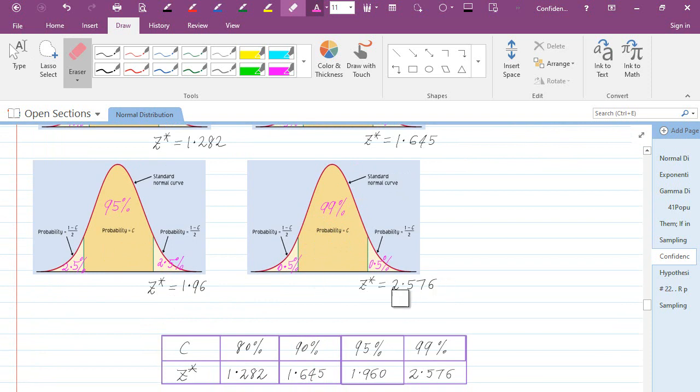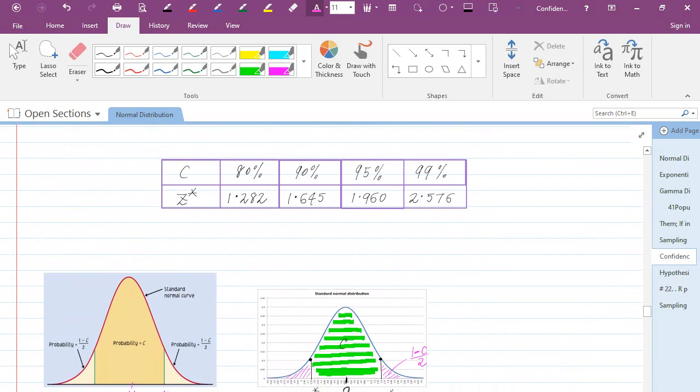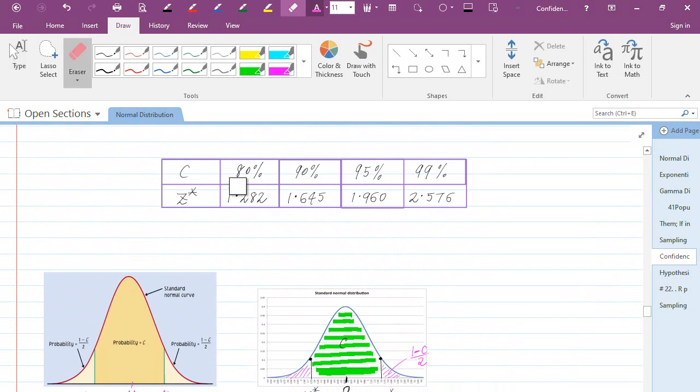Again, this means that 99% of the area below the standard normal curve is between negative 2.576 and positive 2.576. So here is the table that gives us, in the first row, the confidence level 80%, 90%, 95%, 99%, and the corresponding z-star values.